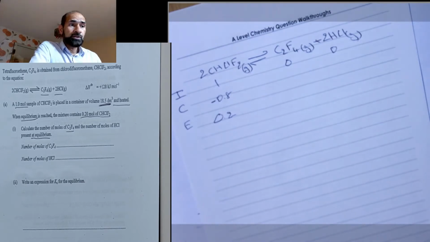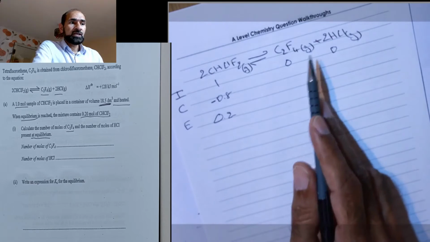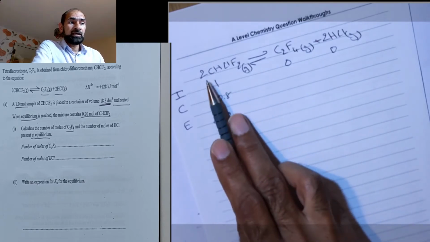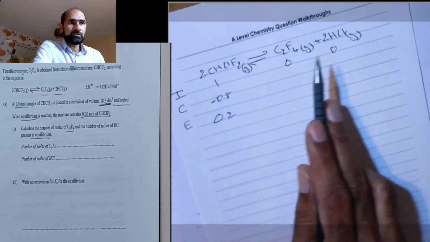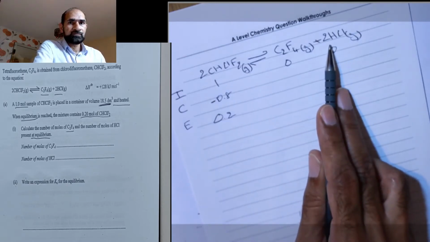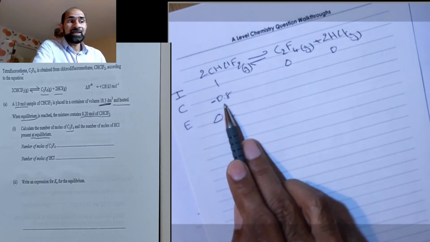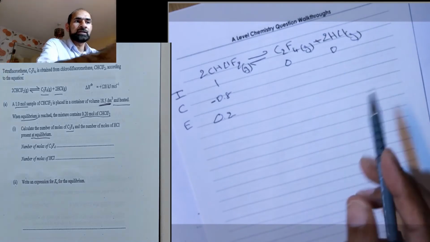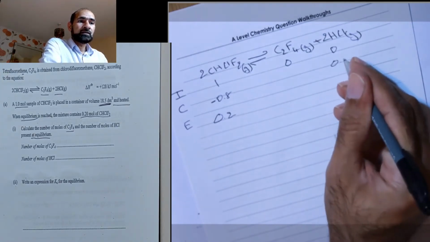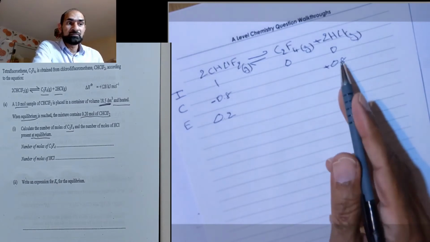Now what you do is you look at the ratios of moles. I know that 2 moles of this decomposing gives you 2 moles of this, and 2 moles of this decomposing gives you 1 mole of that. So if 0.8 moles decomposed, I must have got 0.8 moles of this, and it must have increased by 0.8 moles, because it was 0 initially.